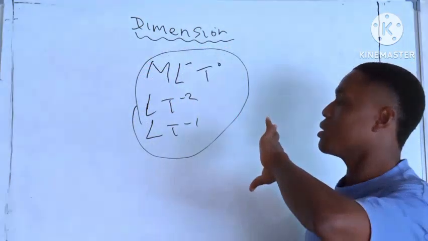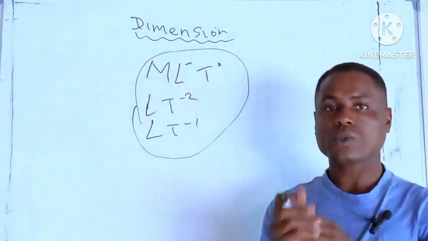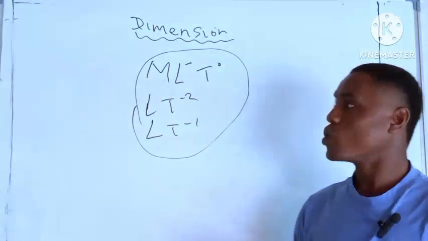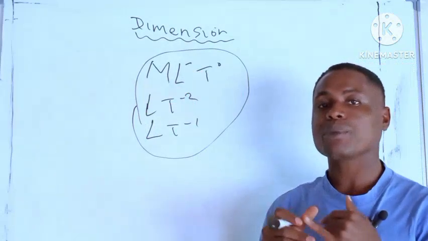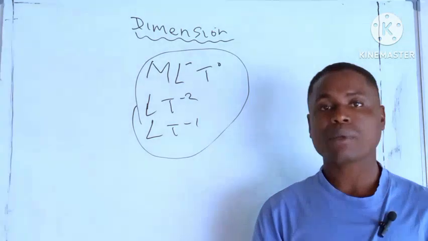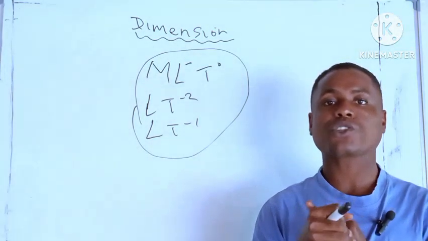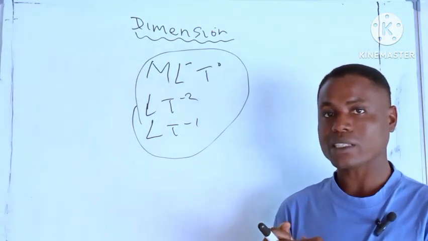Now, you see this type of question during your test and exam. Are you getting it? So all these are dimensions of different quantities. It can be the dimension of a fundamental quantity or the dimension of a derived quantity. Are you getting it?